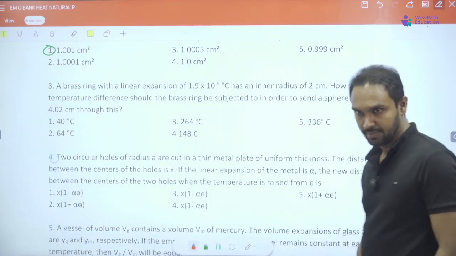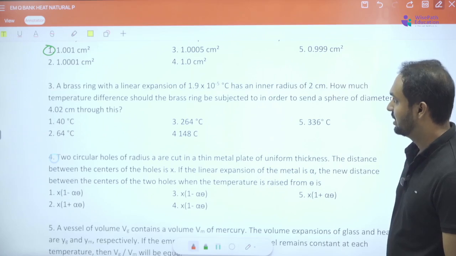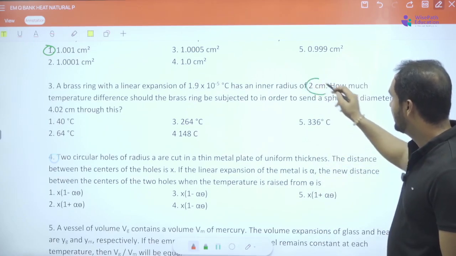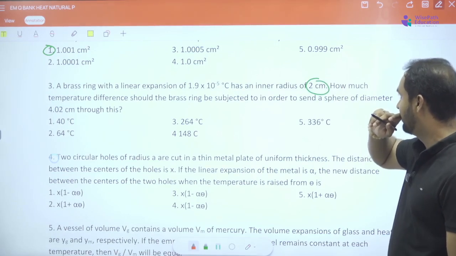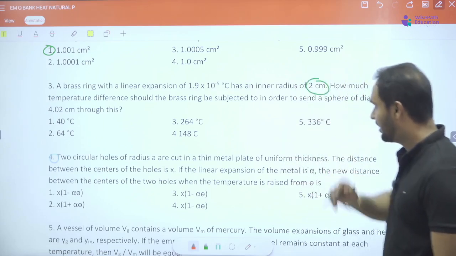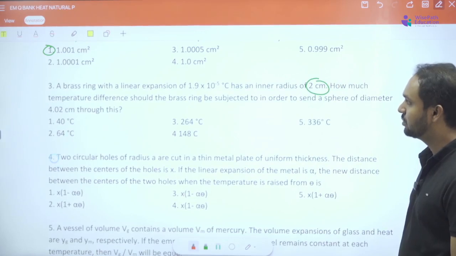There's a brass ring and you have to send a sphere through it, right? So the brass ring has a 2 centimeter radius, which is 4 centimeter diameter. How much temperature difference should the brass ring be subjected to in order to send a sphere of diameter 4.02 centimeters through this?